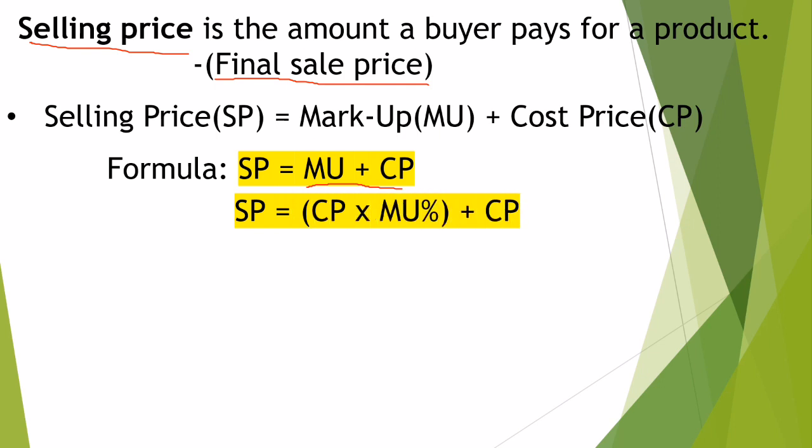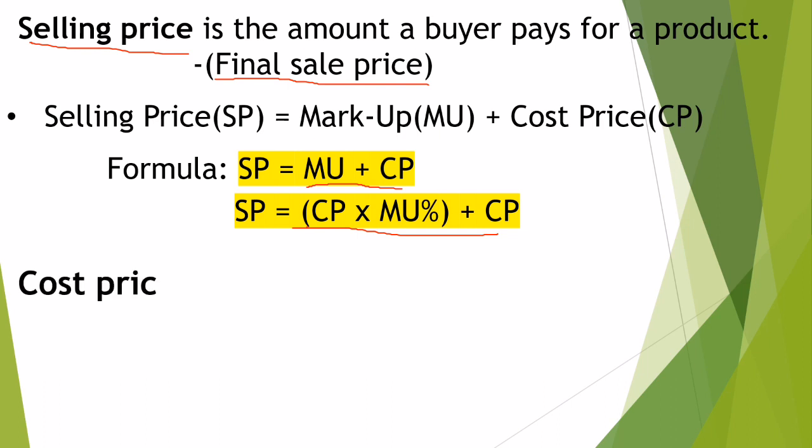But if the given is cost price and markup percentage, we're going to use the second formula, which is SP is equal to CP, or cost price, times markup percentage plus cost price.